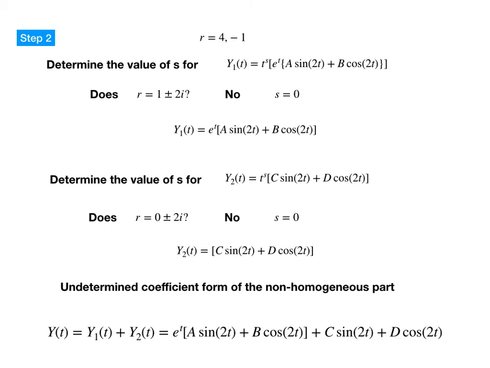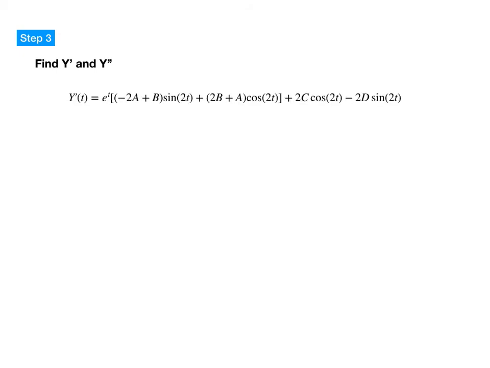Now we establish the undetermined coefficient form of the non-homogeneous part, big Y of t. Step 3 is you want to find y prime and y double prime. You use knowledge of finding the derivative.